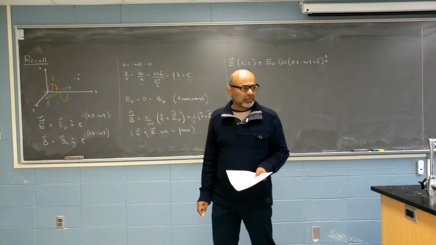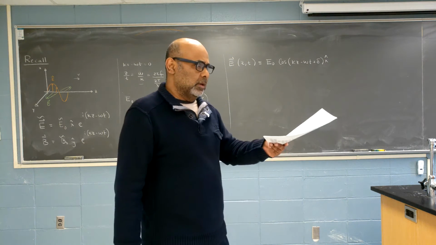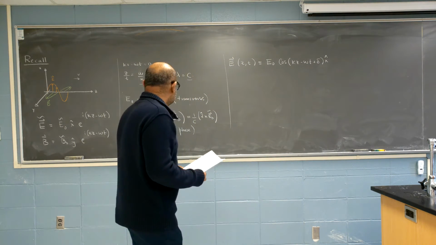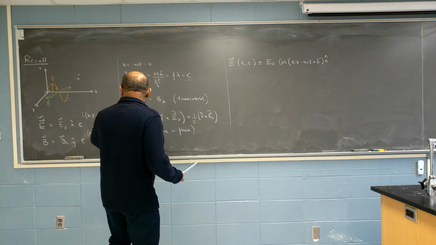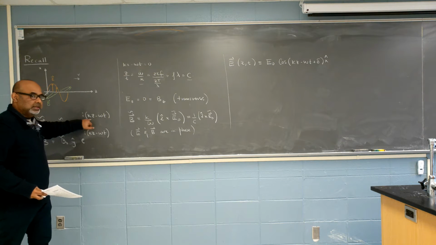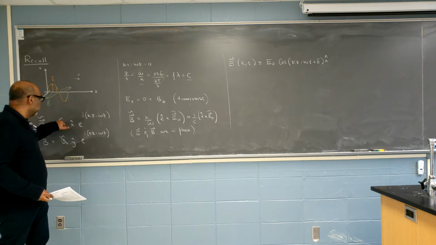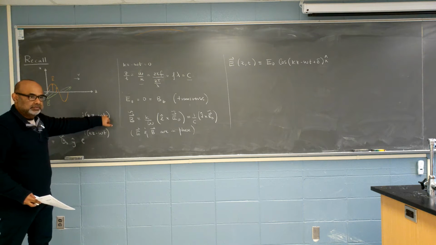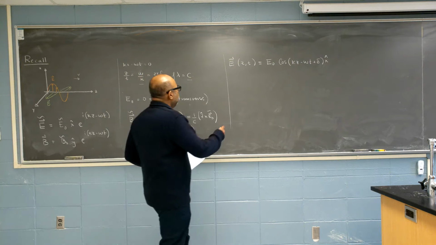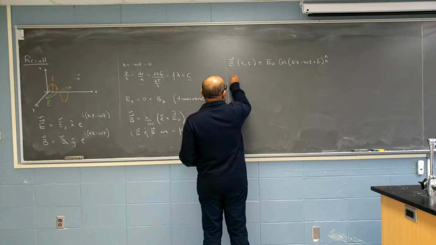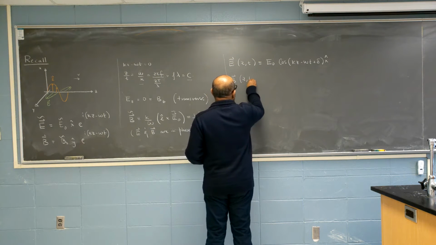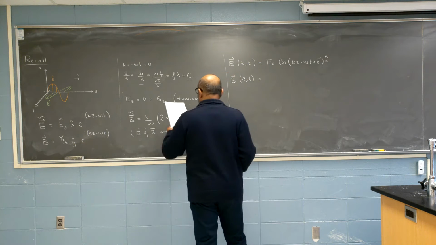So the price of going from complex to real is two things. First of all, I have replaced e to the i with cosine, and the complex part of it creates a phase shift. And this is the real part, and this is what we care about. This is also presumably what we're graphing.